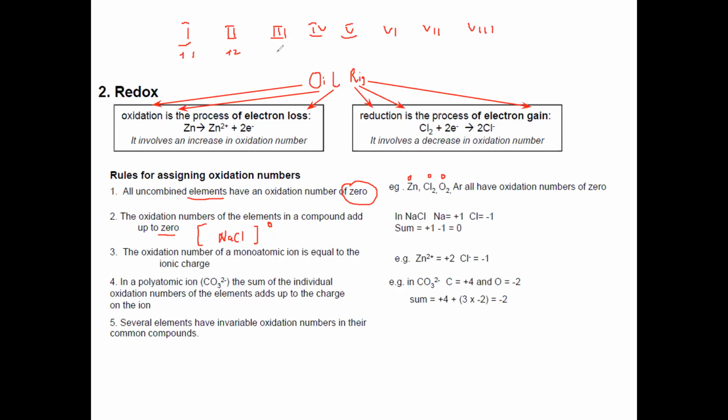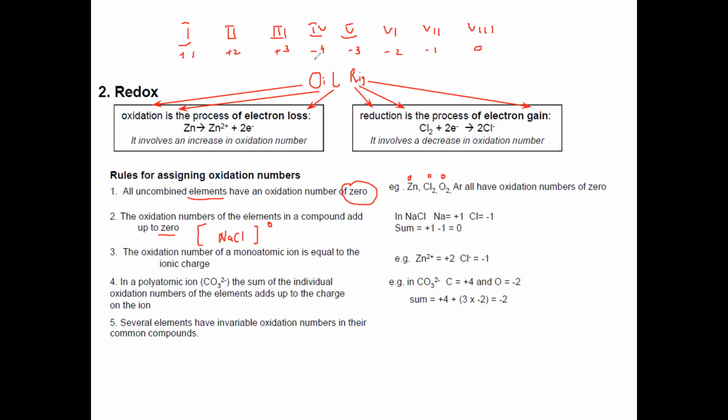Group 2 tends to lose 2 electrons. Group 3 tends to lose 3 electrons. That's why they have positive oxidation numbers. Group 4, a non-metal, -4, then -3, because to complete the octet it takes 3 electrons, -2, -1, and in group 8 the octet is already complete, except for helium, which has a complete first shell. So oxidation number is 0.